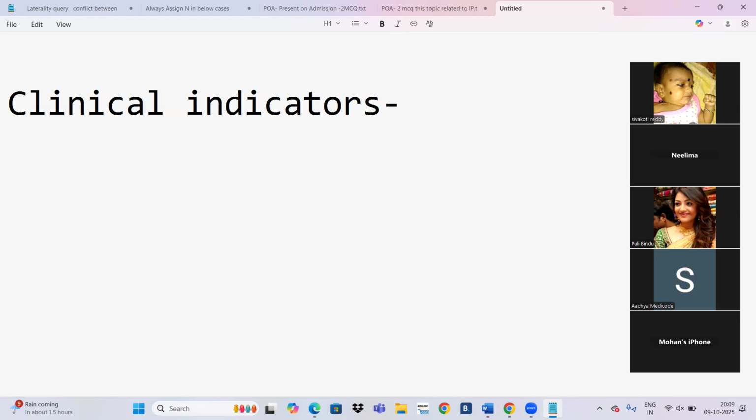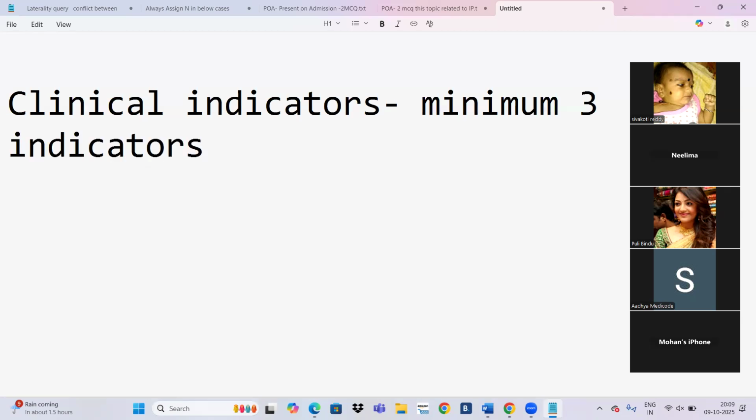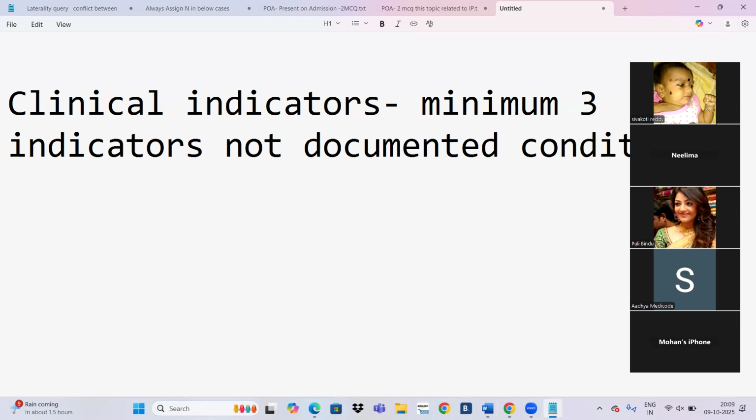If they performed a minimum of 3 indicators but did not document the condition, at that time we need to raise the query based on the indicators for the particular condition.